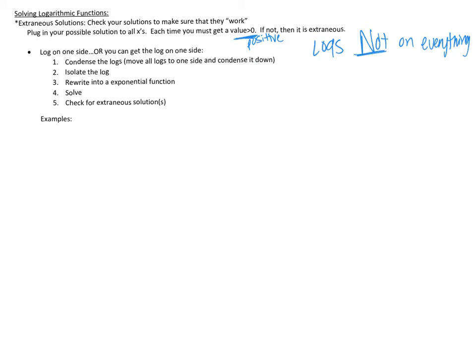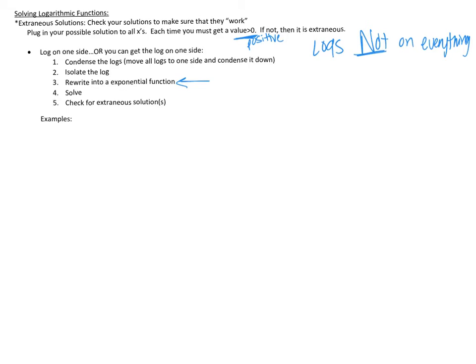We'll look at a couple examples and you'll see what I'm talking about here. But the idea when we are looking at logs that are not on everything is that eventually we are going to use the idea of rewriting into an exponential function.